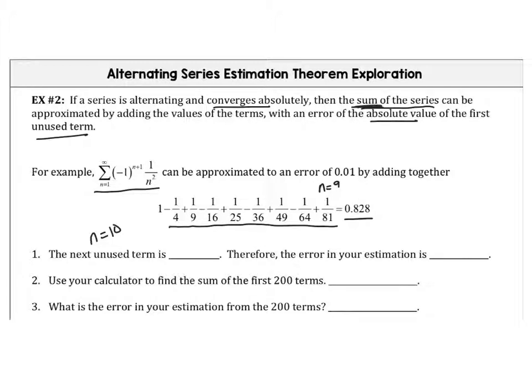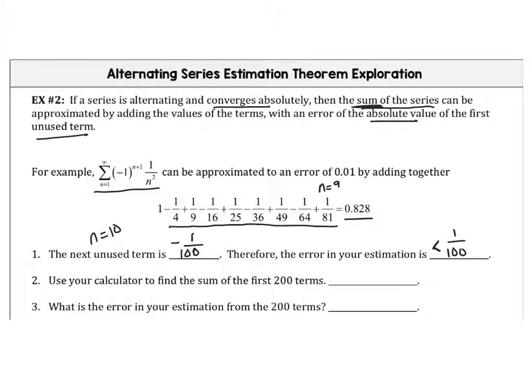That's odd, so I know it's going to be negative. So I'm going to have negative 1 over 100. That is the next unused term. What this is telling us is that the error of the sum has got to be less than the next unused term, which is 1 over 100 when you look at the magnitude of it.